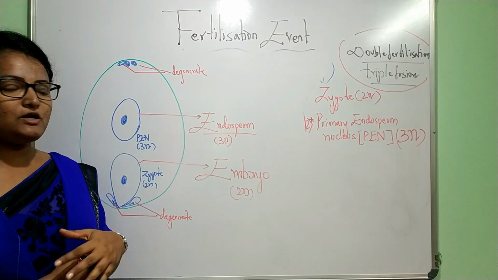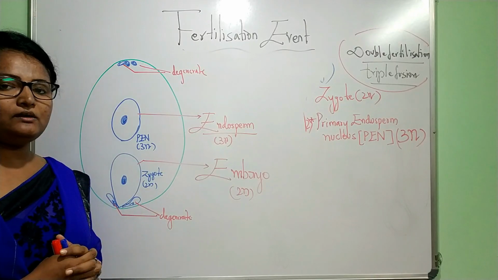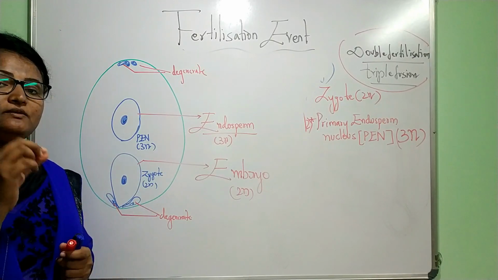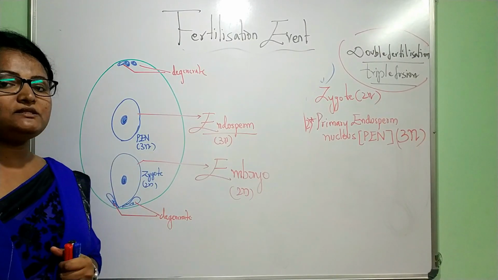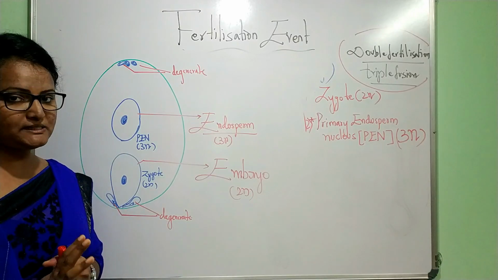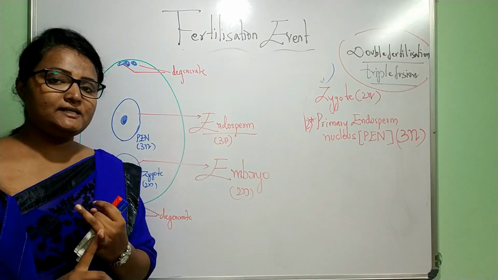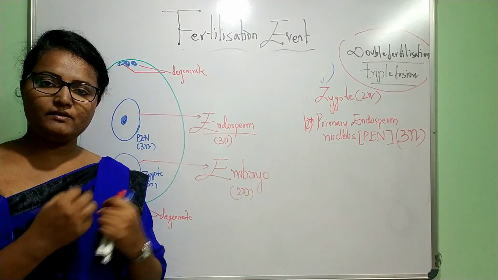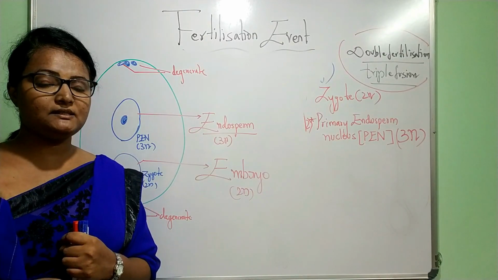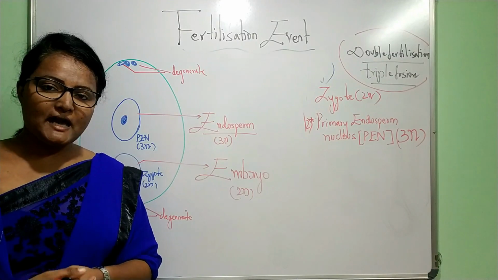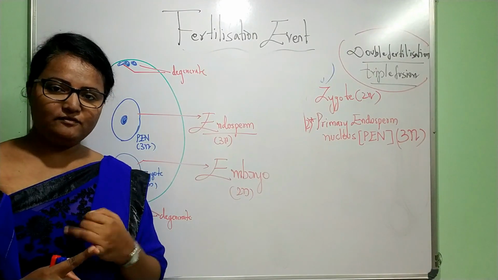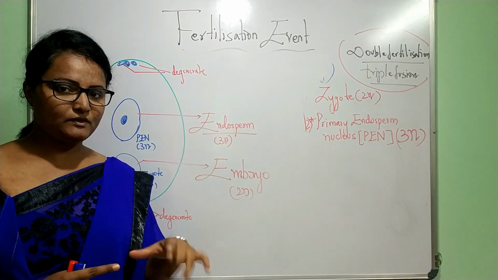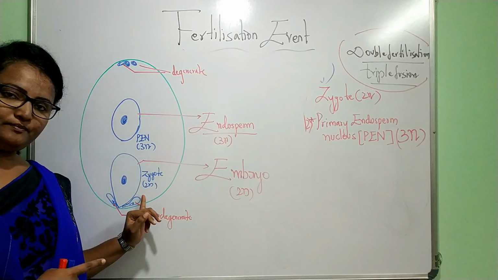Understood? It is very important to find out which male gamete fuses with which cells in the embryo sac. Remember, there are always two male gametes, formed by the generative cell present in the pollen grain. One male gamete fuses with the egg cell to form the zygote.